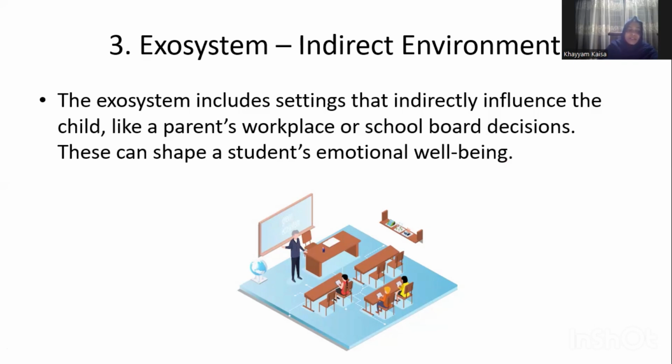For example, a parent's stressful job or long work hours might affect the child's behavior in the school. Because if the parents are not there, there's no more connection with the child, so it affects them negatively. The teacher should be aware of the indirect influence and be sensitive to the challenges students might face at home. Flexibility, understanding, and providing emotional support are key classroom management strategies here.